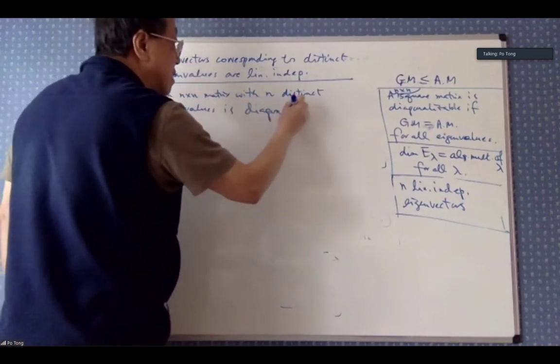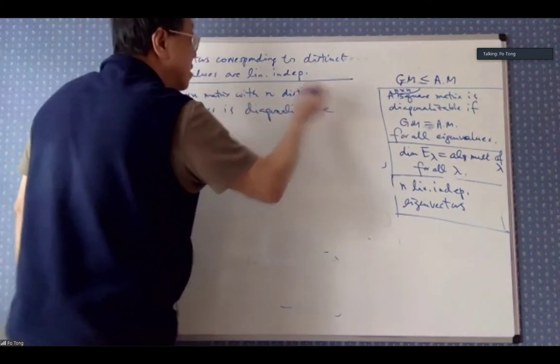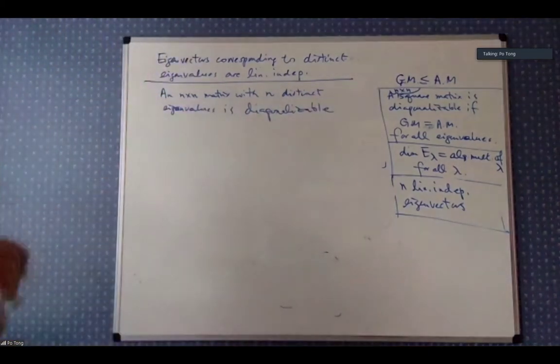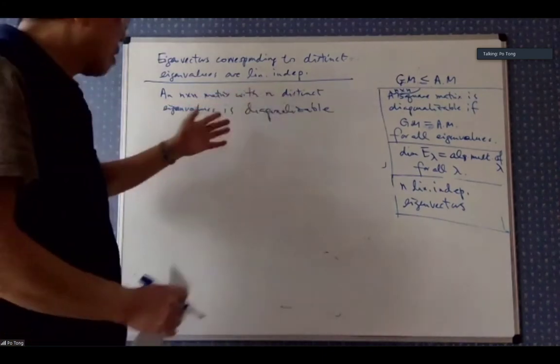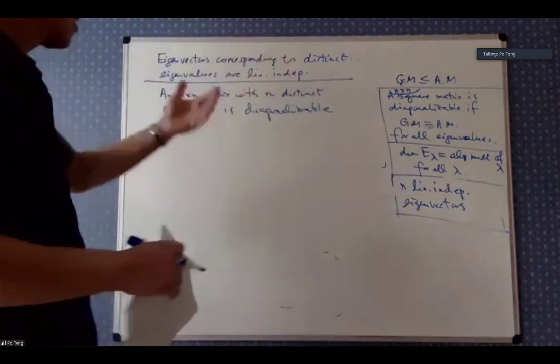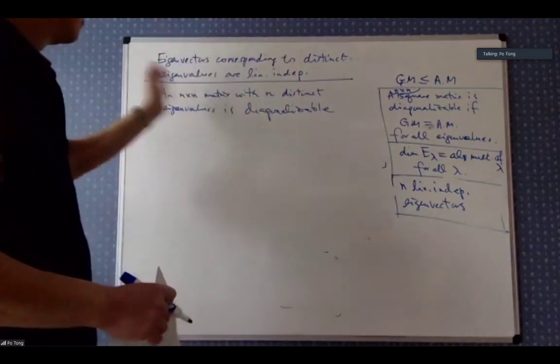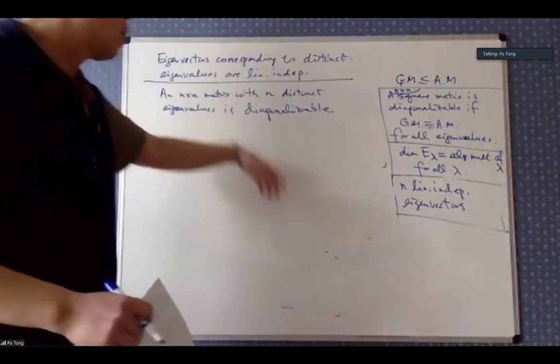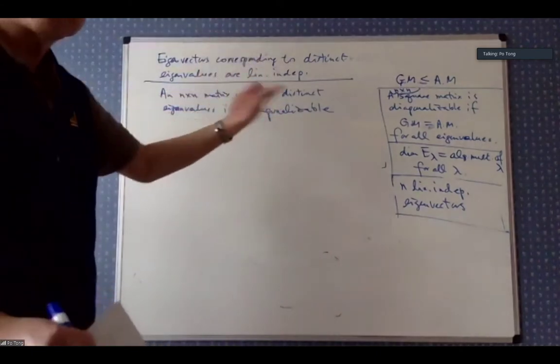Can we guarantee that? We can, right? That will always be diagonalizable, because n distinct eigenvalues give eigenvectors that are all linearly independent with each other. So that whole set will be able to be used to find your matrix P.